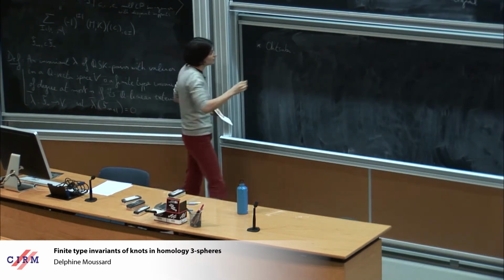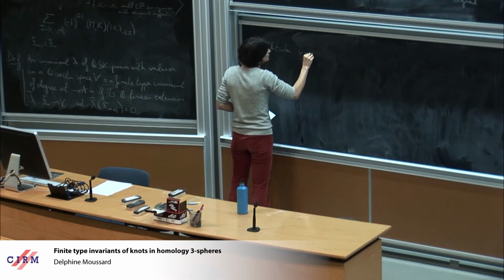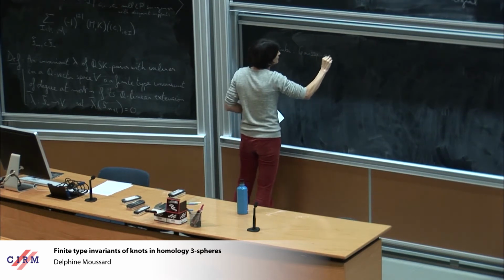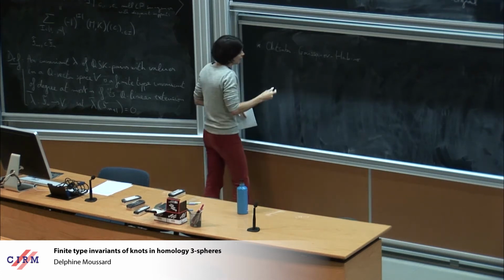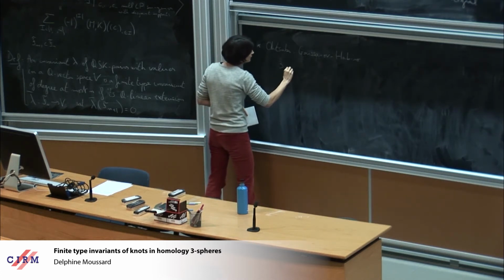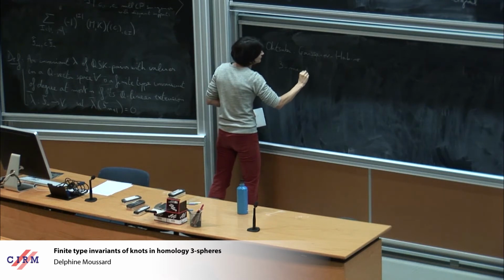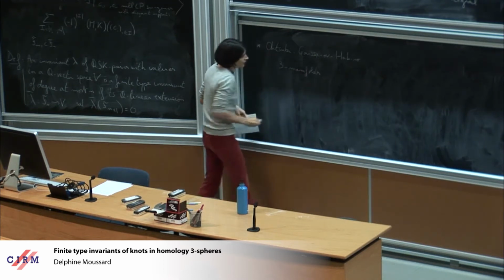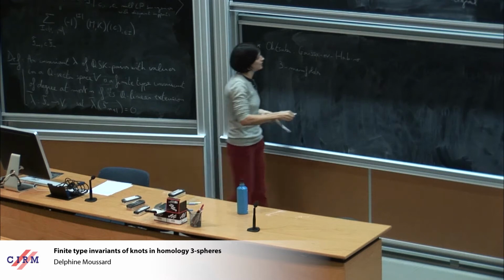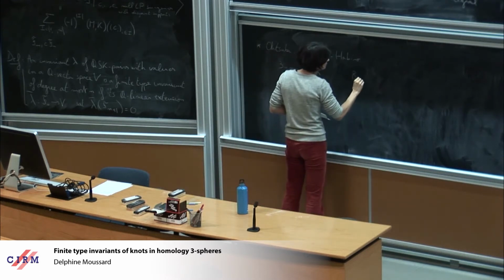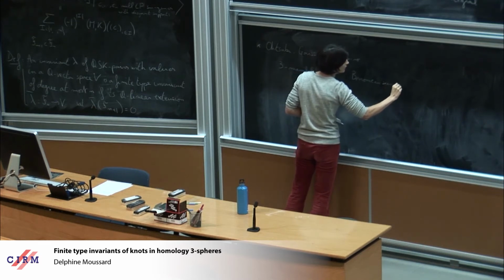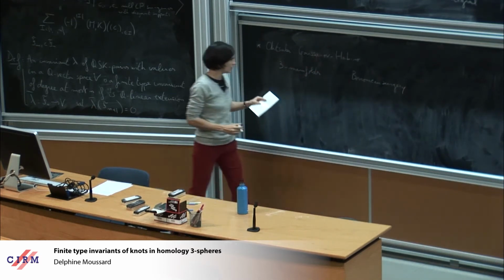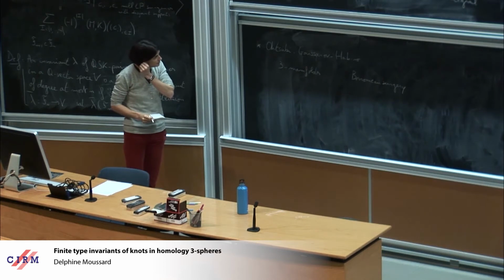One important one is due to Goussarov and Habiro independently, and can be defined for any kind of three-dimensional manifold. And the move in this case is the so-called Borromean surgery. Okay, I won't detail this surgery move.